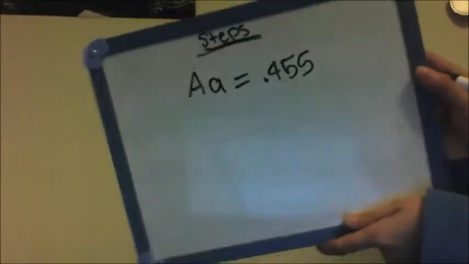So as remembered, capital A lowercase a equals 0.455, and capital A capital A equals 0.1225.